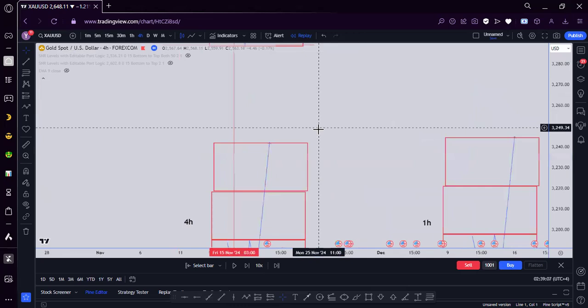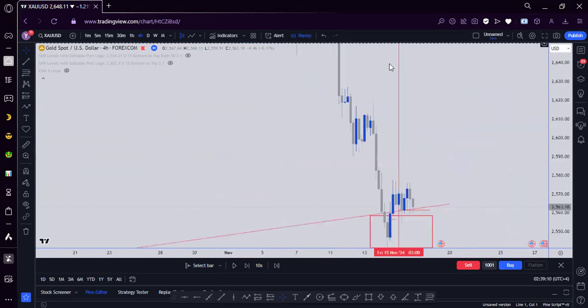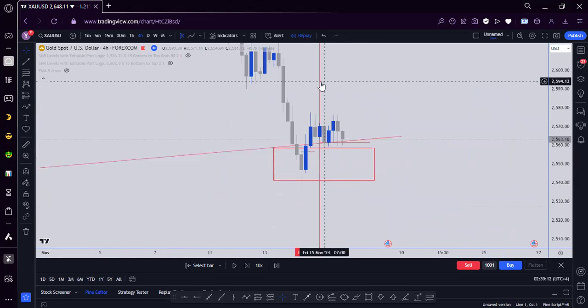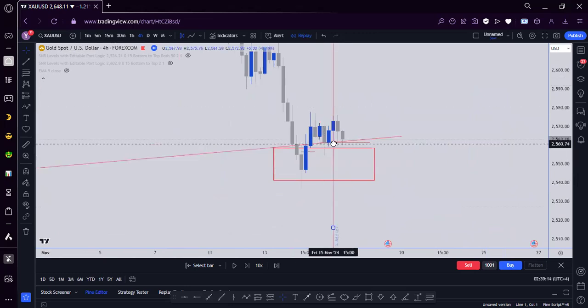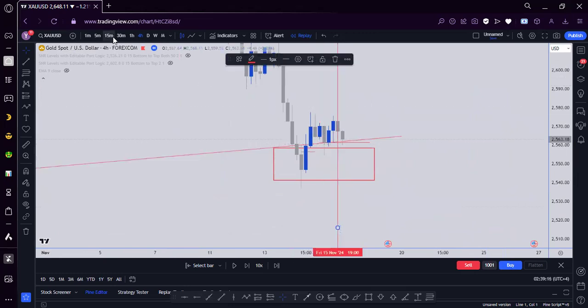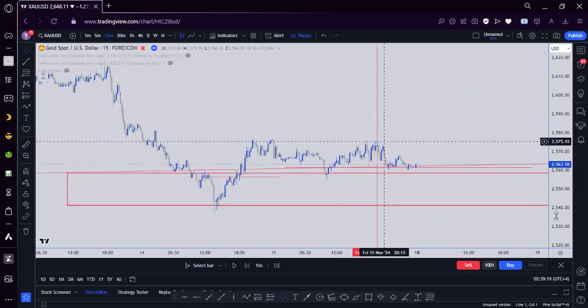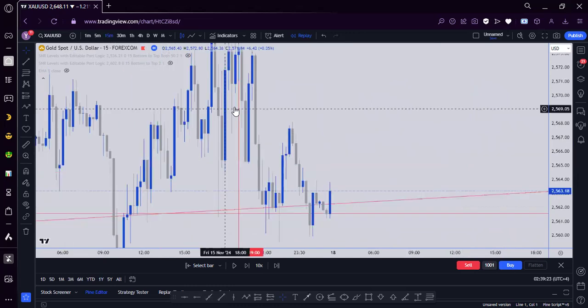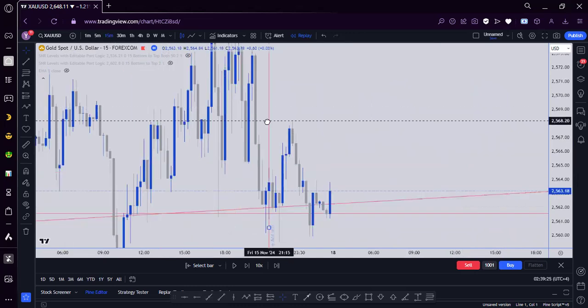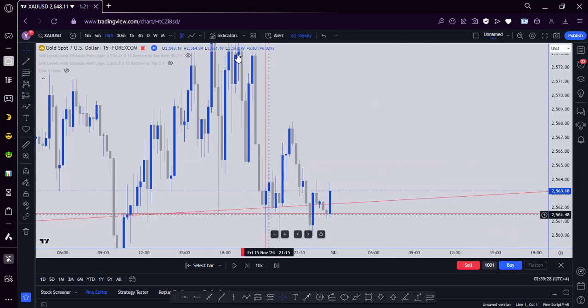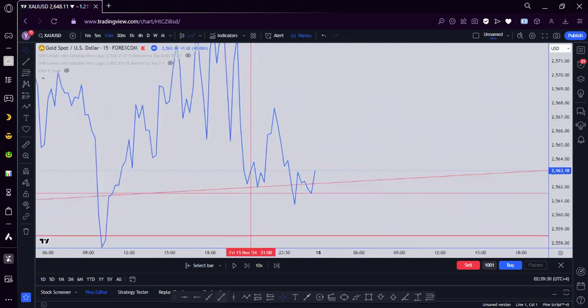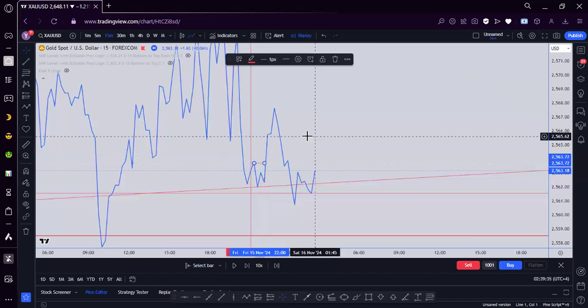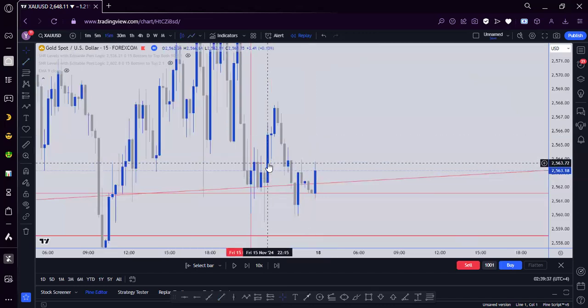Now let's go back to our example. So this is the 4 hour reject 4 hour right here. Let's switch to the 15-minute time frame. So this is the touch, and this is the internal breakout right here.